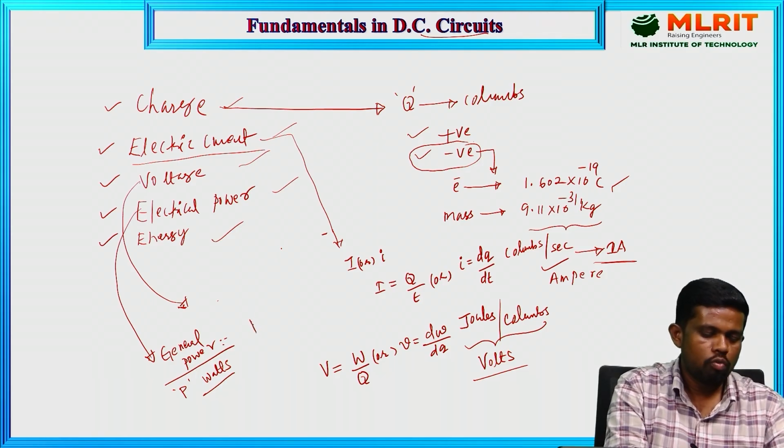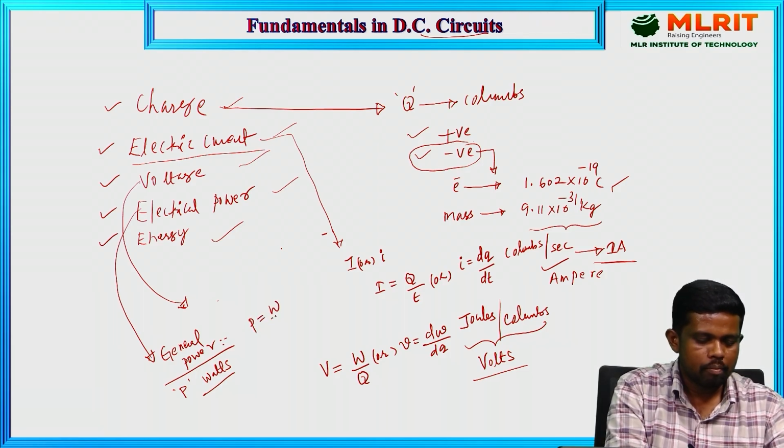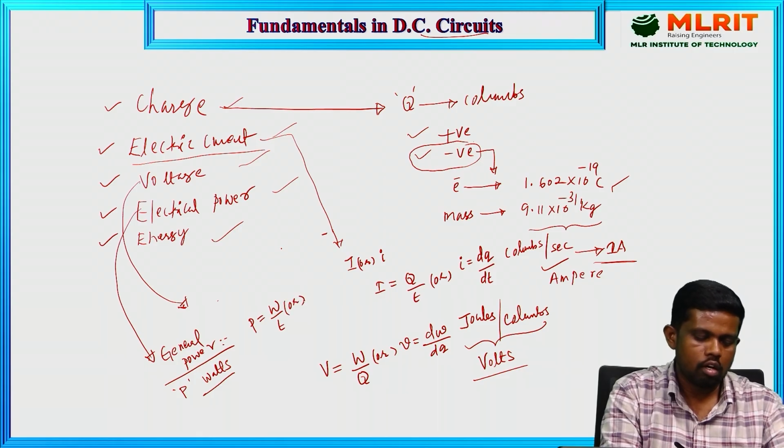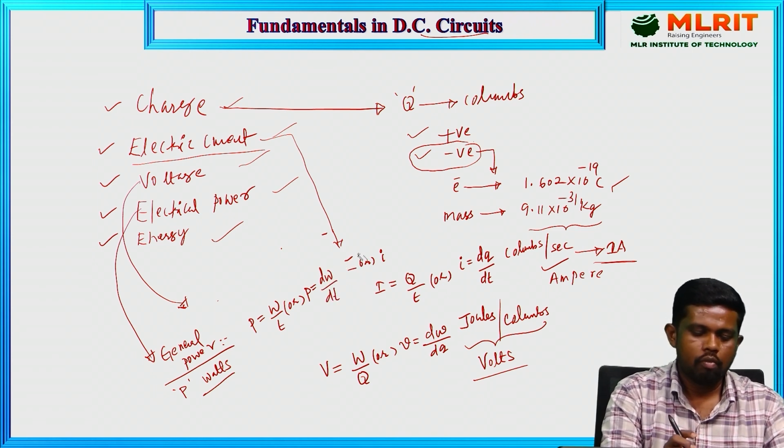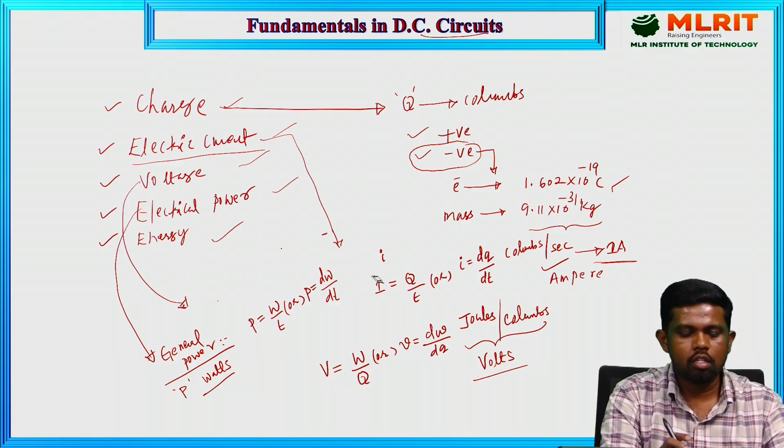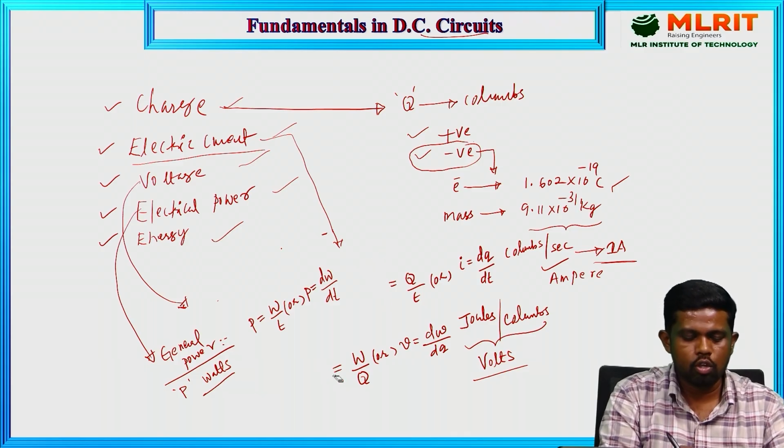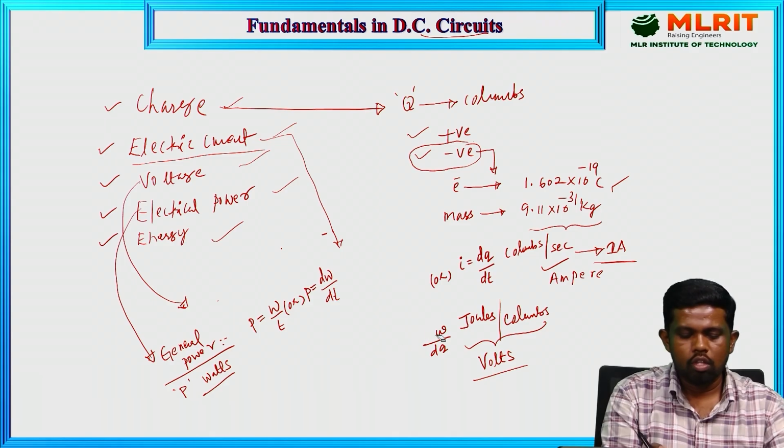So P equals W by T, or we can write P equals dW upon dt. The power in general, as defined in physics, is the rate of doing work, so we write P equals dW by dt.